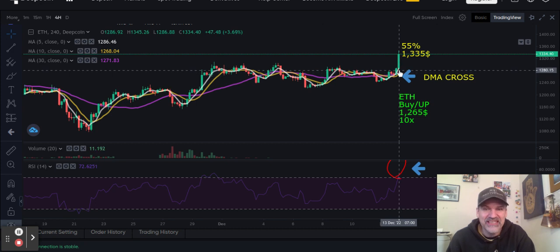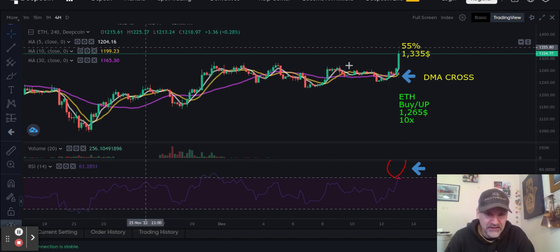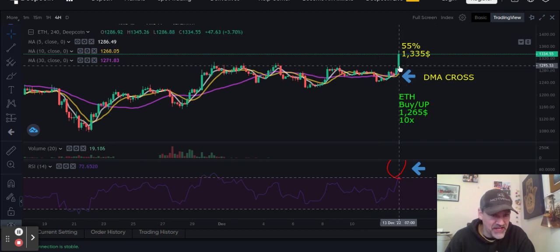It's going to be your 7-day, 1286, or your 5-day. Your 5-day, 1286, or your 7-day, which is a little bit lower. Okay? That's the zone. Because that's going to be your first support level. Okay? It's going to be your 5-day or your 7-day. Then your next one is going to be your 10-day or your 21-day, right?